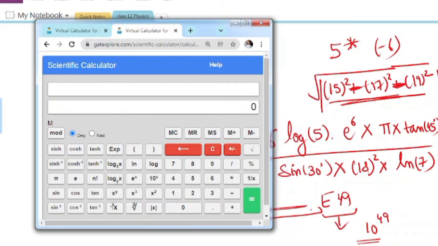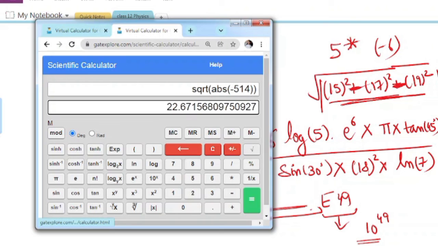I don't use M minus there, so only 15 square and 17 square are subtracted here. So MR, you get this value. Use the mode function, and then you want to root this, so just root this, you get the answer.